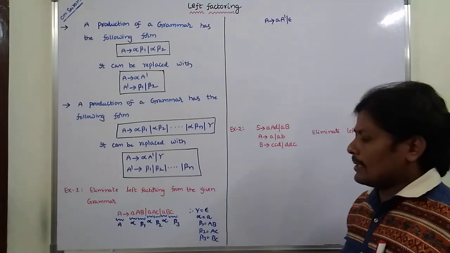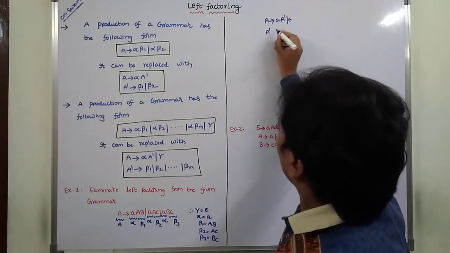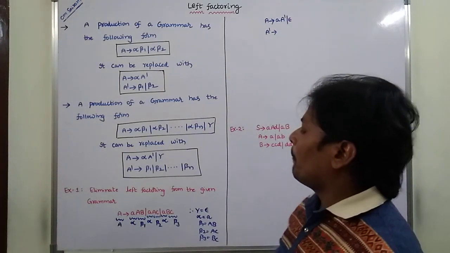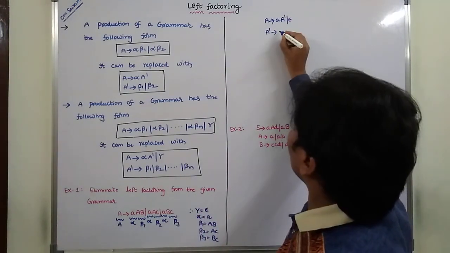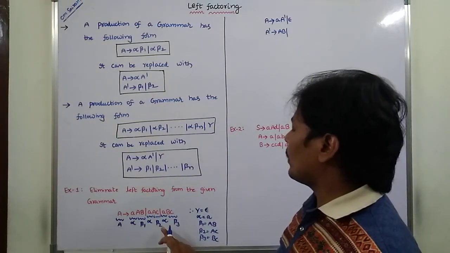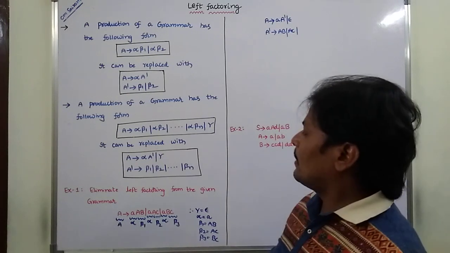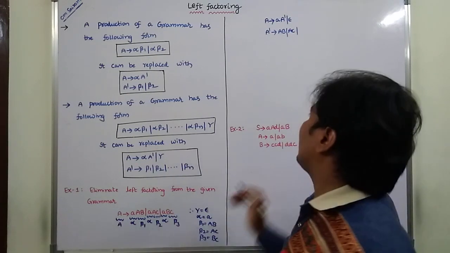Next, the second production, A dash tends to beta 1, beta 1 is AB, slash beta 2 is AC. Next, beta 3 is BC.